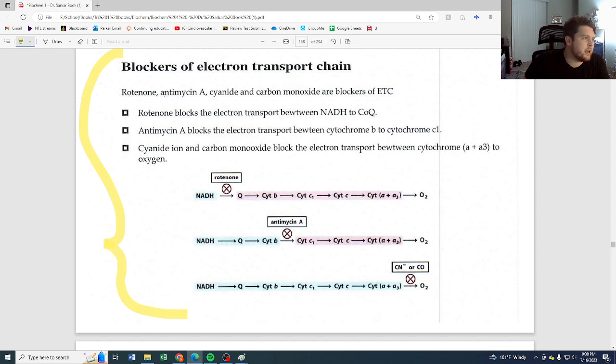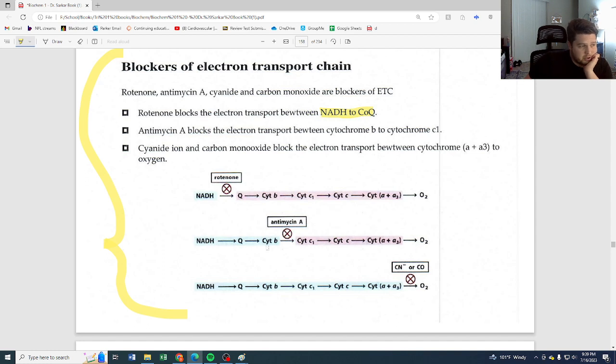So rotenone, antimycin A, cyanide, and carbon monoxide are blockers of the electron transport chain. Rotenone blocks the electron transport chain between NADH and CoQ. Antimycin A blocks the electron transport chain between cytochrome b and cytochrome c1.